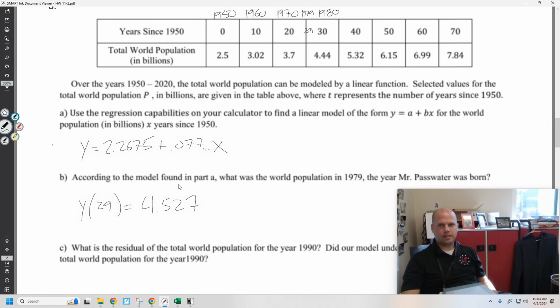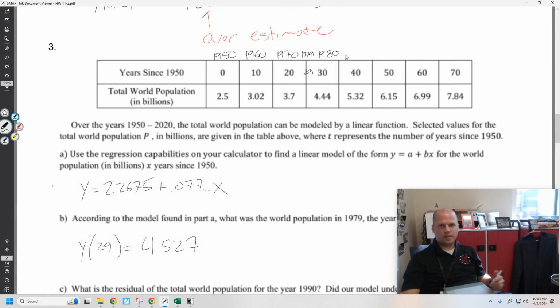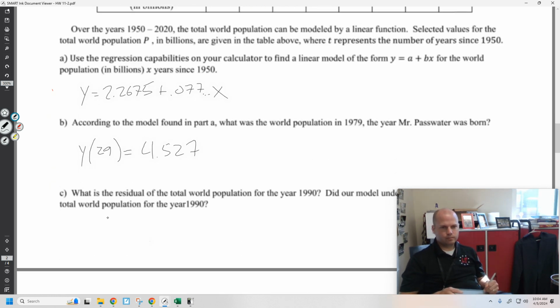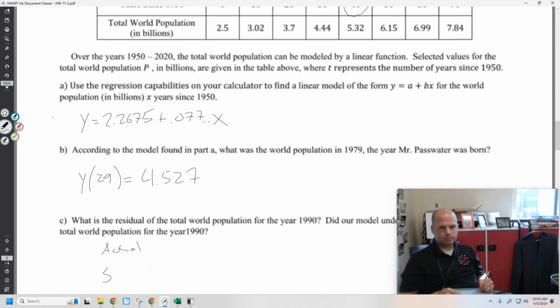Residual for 1990. 1980, 1990. 1990 is 40. Okay. So, actual, 5.32.